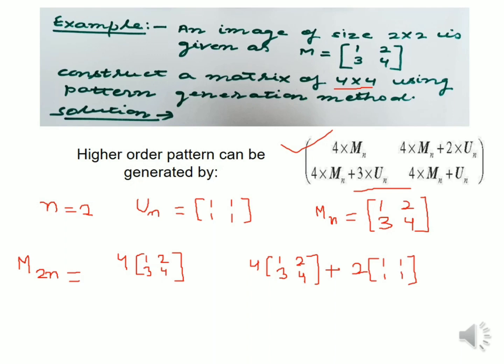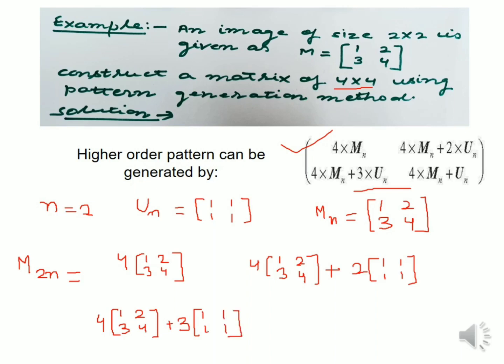Next term is 4 cross Mn, which is again 1, 2, 3, 4, plus 3 into Un, a square matrix of order 2 cross 2.